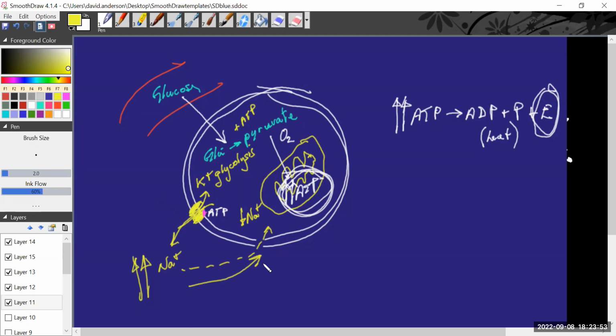So the goal of the sodium potassium pump is to pump sodium out of the cell and potassium into the cell. But in both cases, we're going against the concentration gradient. That means by definition, it has to be active. We need ATP.